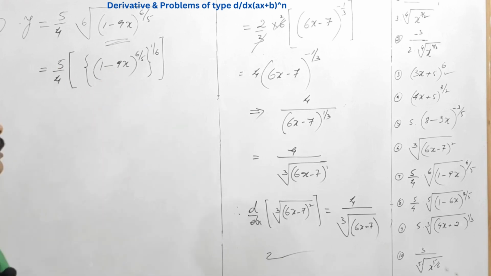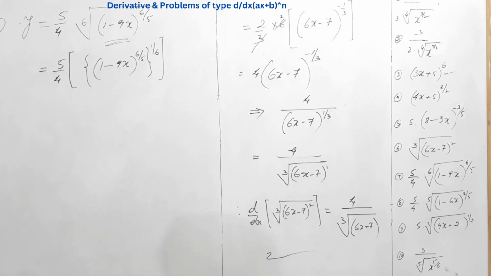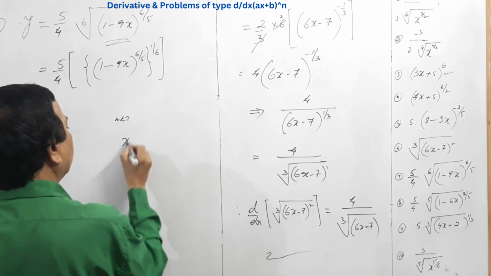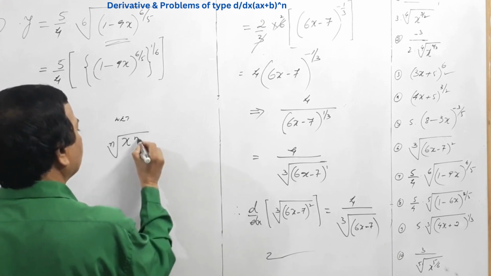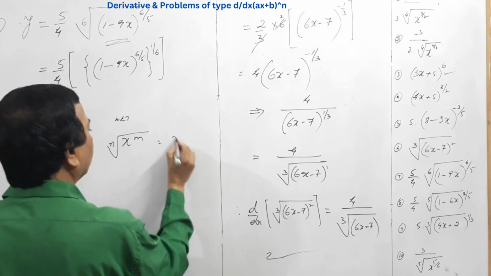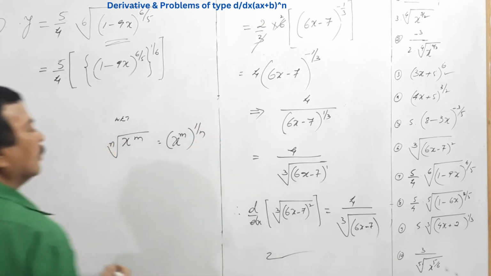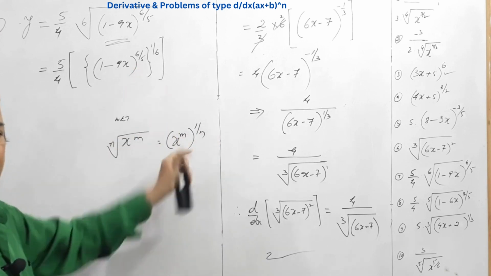Now what we'll do? We have to solve this 6 by 5 into 1 by 6. We know that nth root of x to the power of m equals to what? X to the power of m whole to the power of 1 by n. Now we have here m is nothing but 6 by 5. Put that value as it is.